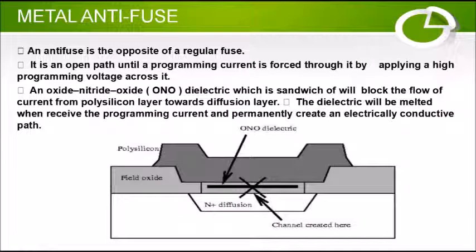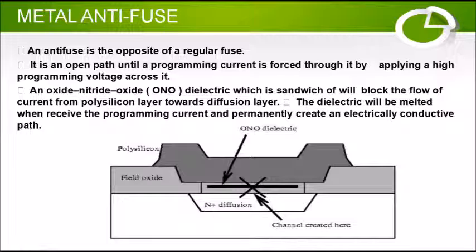Metal antifuse. An antifuse is the opposite of a regular fuse. It is an open path until a programming current is forced through it by applying a high programming voltage across it. An oxide nitride oxide (ONO) dielectric, which is a sandwich, will block the flow of current from the polysilicon layer towards the diffusion layer.